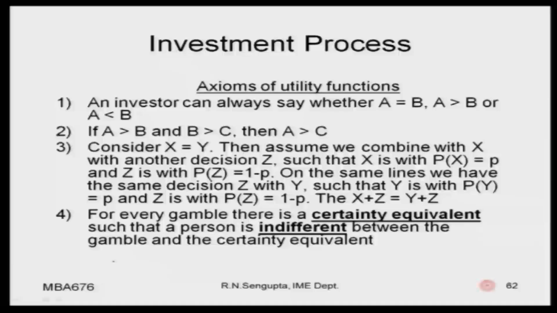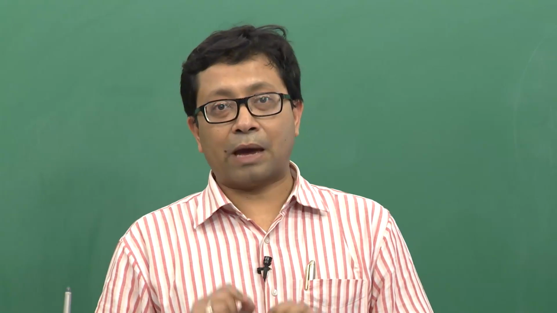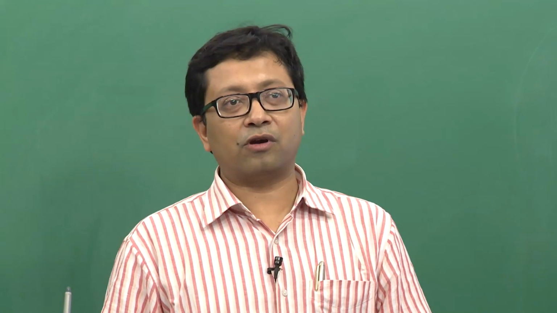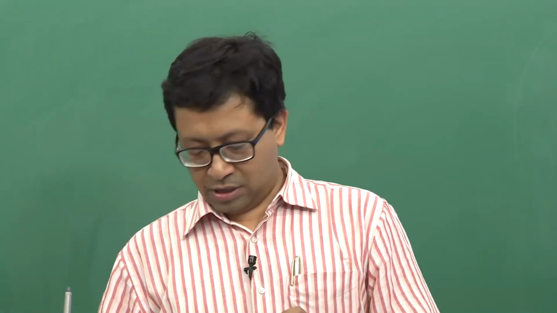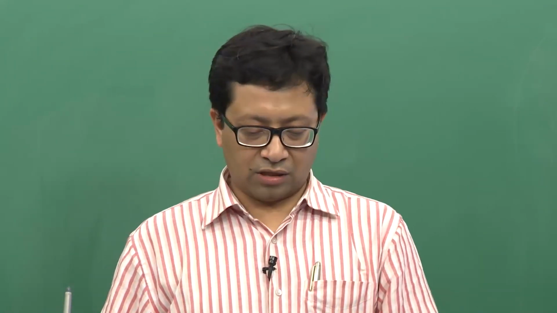And finally, the concept of certainty equivalent tells you that the person will be indifferent between two decisions if the certainty value is the same, which means that you may have different types of gambles or lotteries, as shown later in this graph.